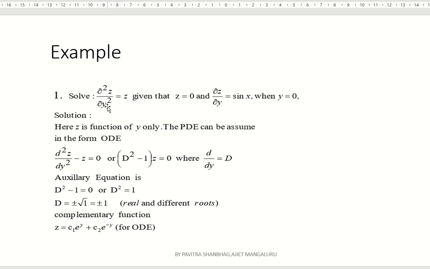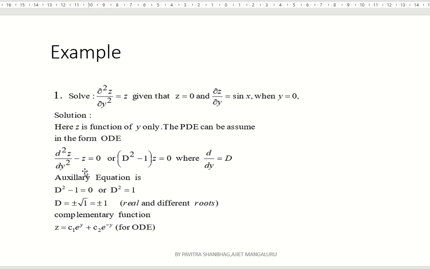That means z is a function of the single variable y only. Therefore, the given PDE we can write in the form of an ODE. How to write the ODE? Del is replaced by d. So it gives us d square z by dy square minus z equal to 0.